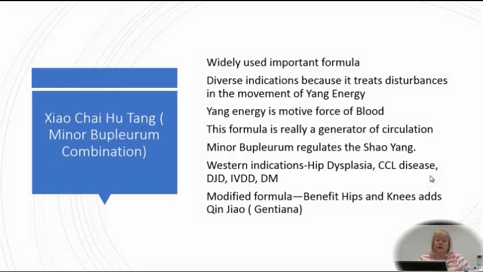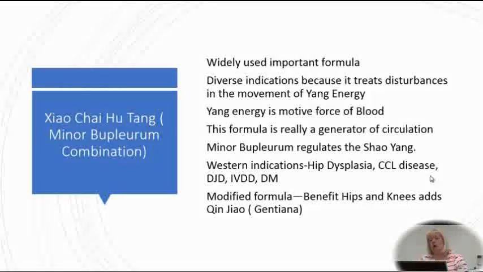So it does regulate the Shaoyang if you understand Chinese medicine. If you don't, you can think about using it for hip dysplasia and cranial cruciate ligament disease and degenerative joint disease and IVDD. And this is also one formula, along with Suan Zao Ren Tang, that I will use for degenerative myelopathy.